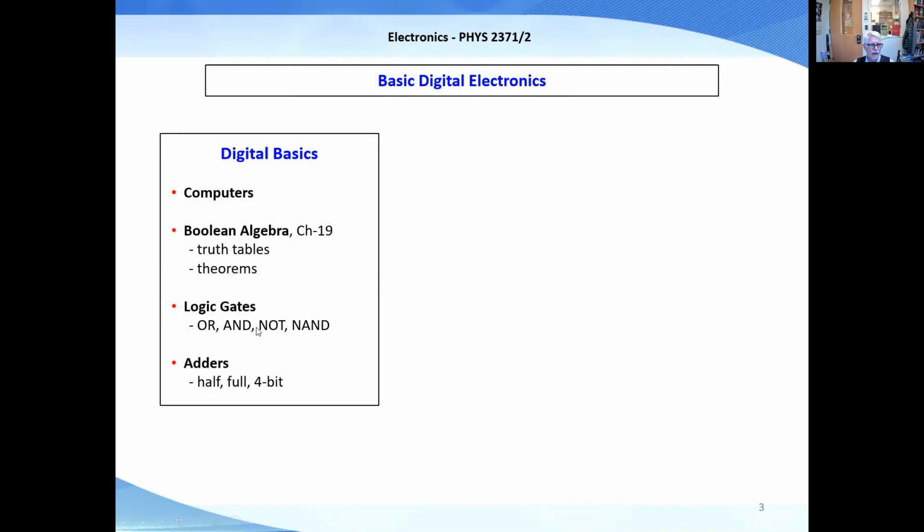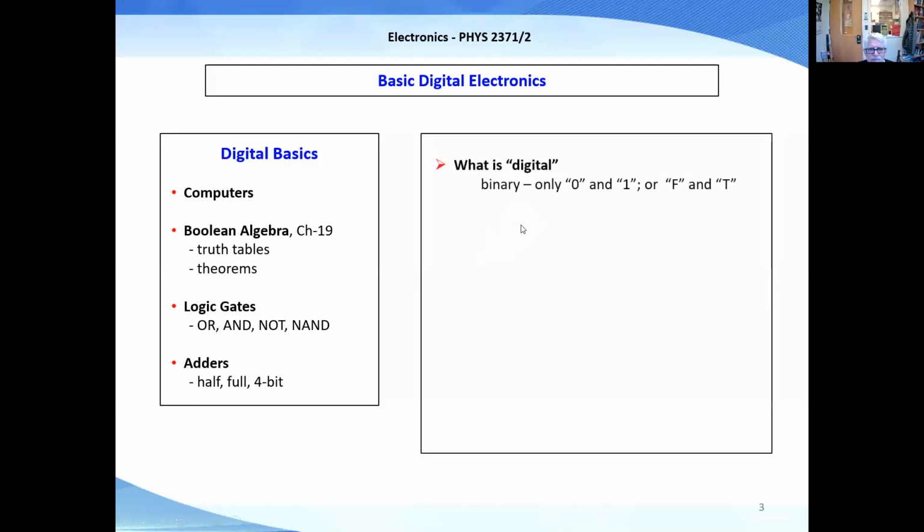Basically the AND, OR, NOT, and NAND gates. Then we'll look at some adders. These 2 lectures, Monday and Wednesday, are relatively short. They're not the full hour and 40 minutes, and I'm sure you'll be glad about that. Okay.